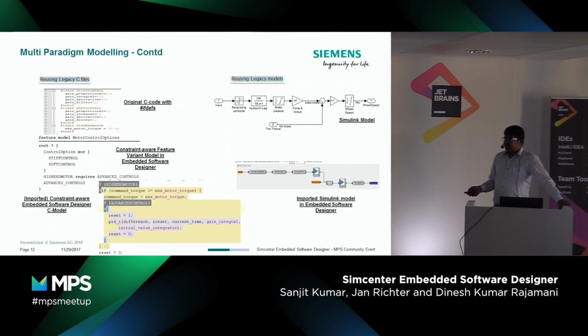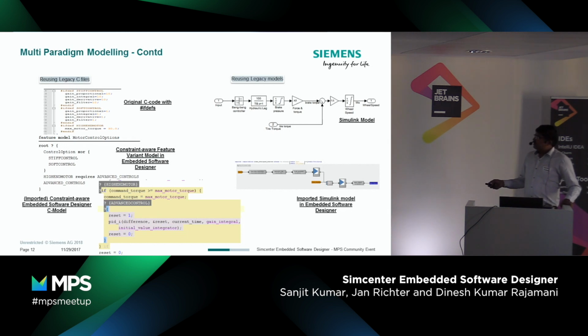We have importers as well to import the architectures from other modeling tools. Once we have imported them, we can do all sorts of things that ESD is providing, for example formal verification, timing verification at the architecture level itself.